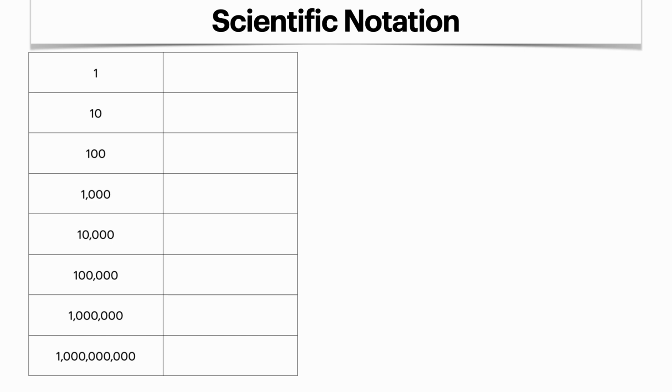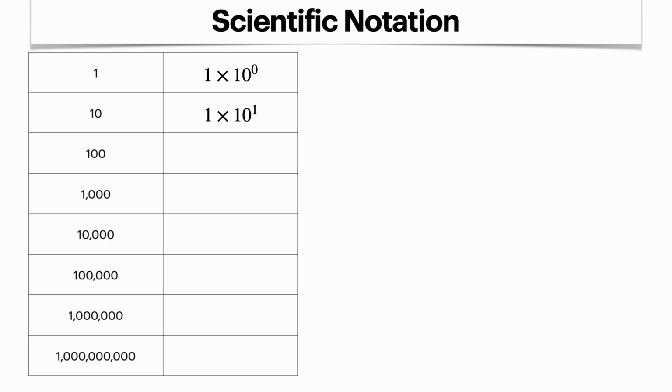Let's do some converting for ourselves. We wouldn't normally convert the number 1, but I just wanted to show you. 1 times 10 to the 0th is how we would write the number 1. We have 0 zeros for the number 1, and you can see 10 to the 0th.